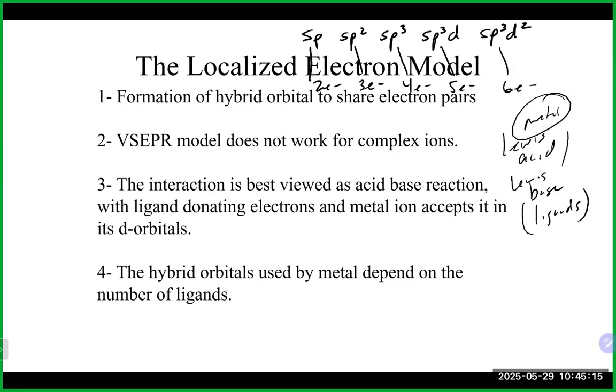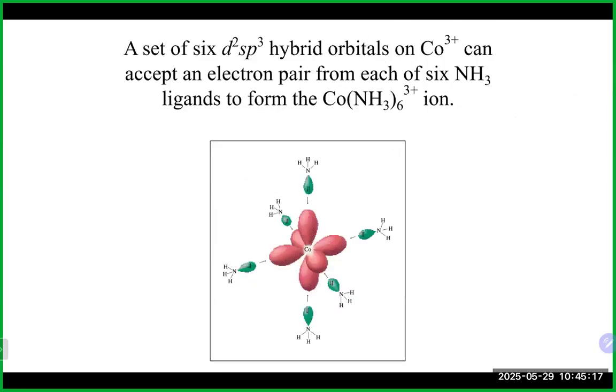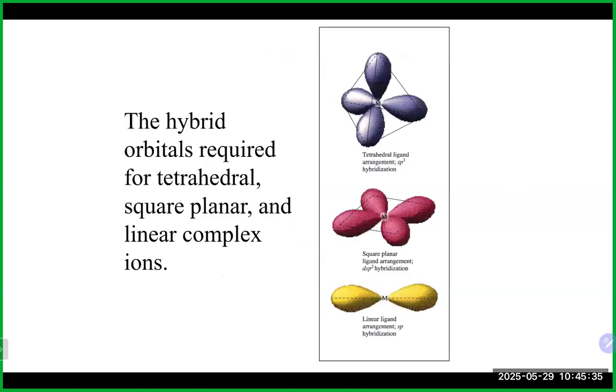The hybrid orbitals used by metals depend on the number of ligands present. Here we can see 6 ligands, and 6 is going to give us sp3d2, which is the octahedral arrangement. These are very common arrangements for complex ions.